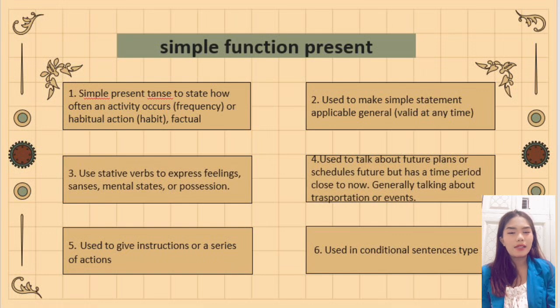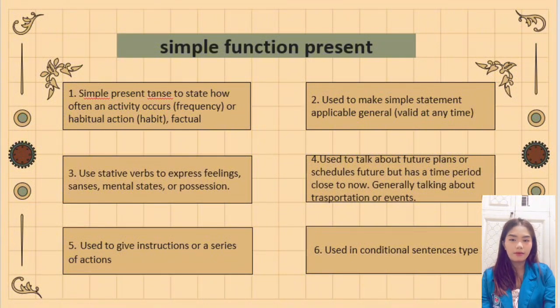Among them is number 1: to state how often an activity occurs, frequency, or habitual actions, habits, and facts. Number 2: used to make simple statements applicable generally or valid at any time. Number 3: use stative verbs to express feelings, senses, mental states, or possession.